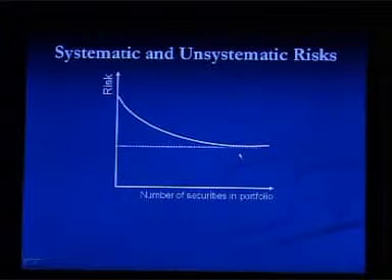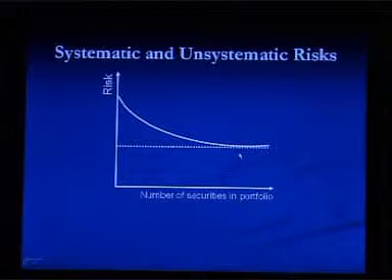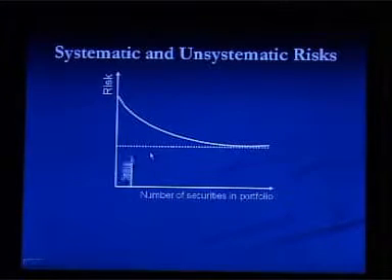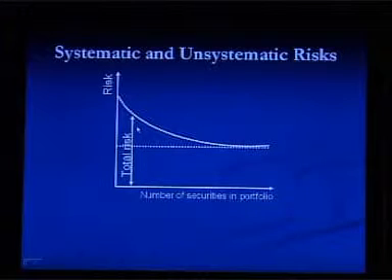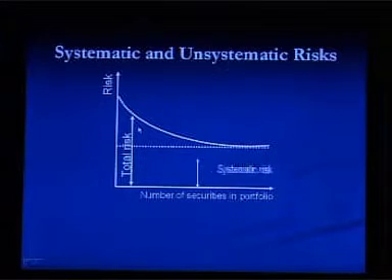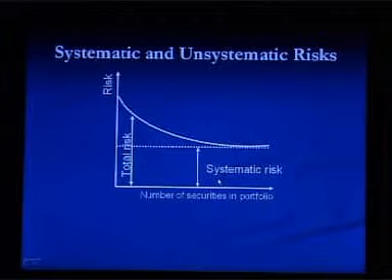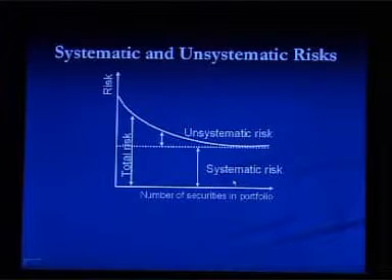So, up to this level the risk is not decreasing anymore by increasing the number of securities in the portfolio. Here you can see that this is the total risk for any portfolio, and this part is called systematic risk, which cannot be reduced by increasing the number of securities in the portfolio, and the upper part is the unsystematic risk.